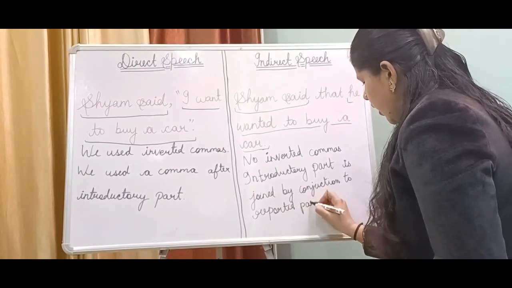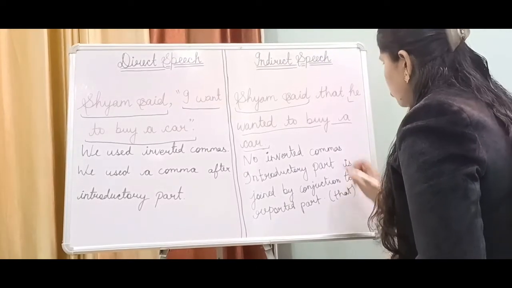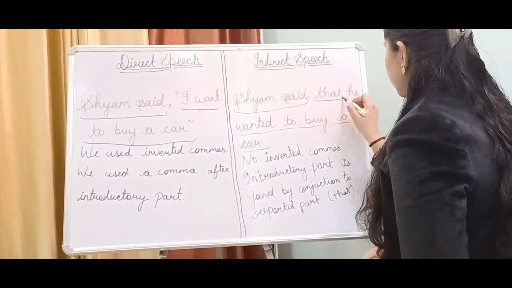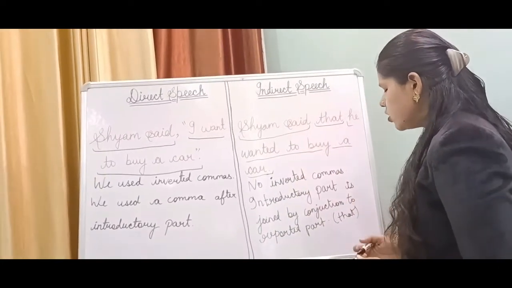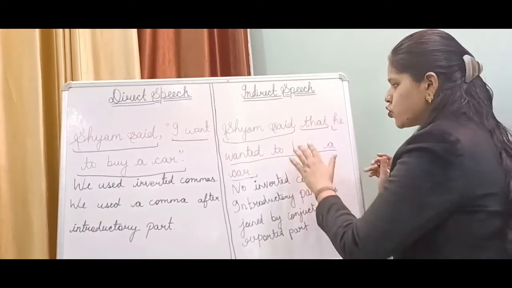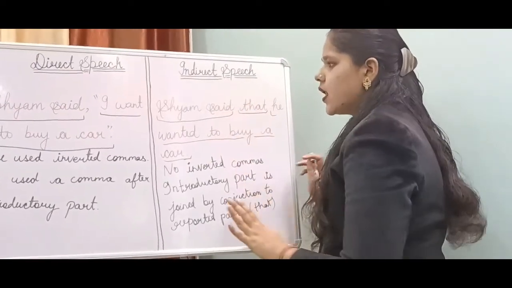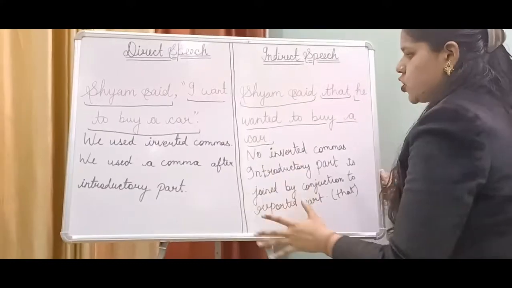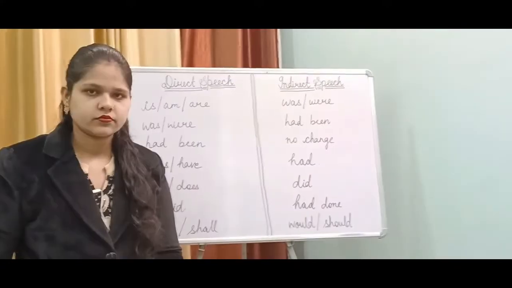Here the conjunction "that" is used to join the introductory part and the reported part. No need to use the comma or inverted commas here like in direct speech. So this is the difference between direct and indirect speech.